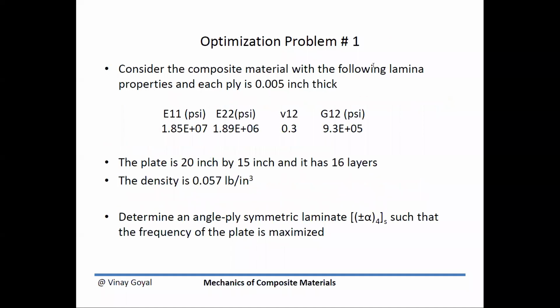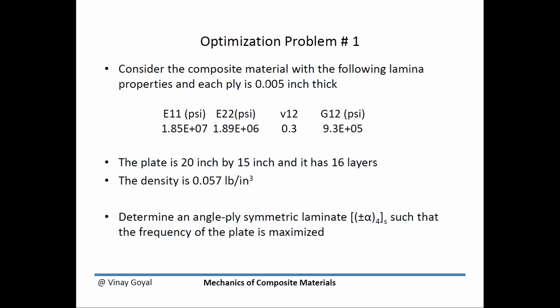we could now apply some of the optimization concepts that we talked about in the previous lecture. Let's study an example. Again, the purpose of this particular lecture is to demonstrate that it is possible to tailor composites for a particular design goal. So consider a composite material with the following lamina properties.